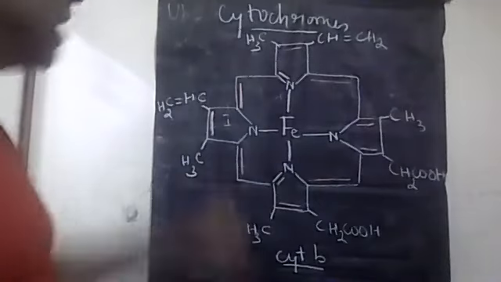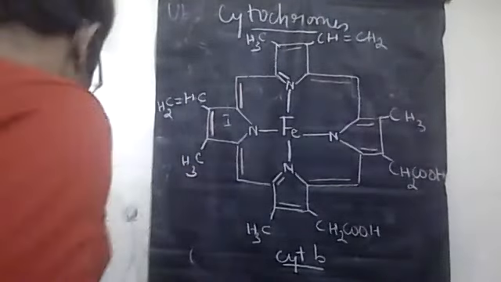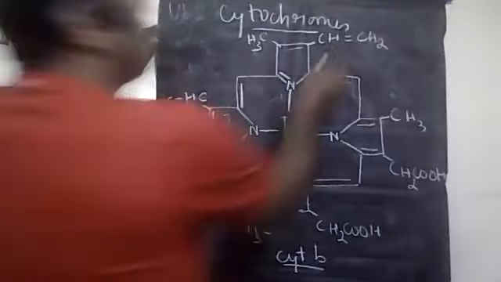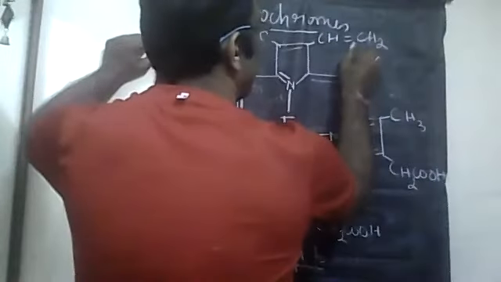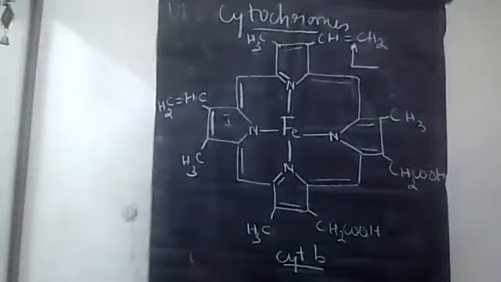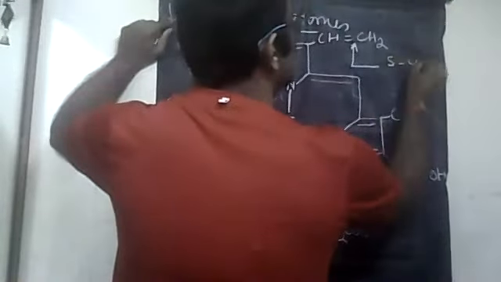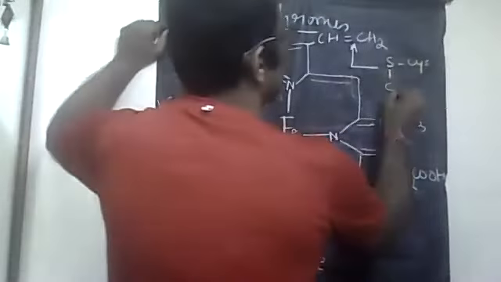If cytochrome B is like this, what will happen in cytochrome C? First, let us discuss what is cytochrome C. This group is the second ring, CH-CH2. If this group, understand properly, if this group is replaced by this cysteine sulfur, just draw this, CH-CH3.